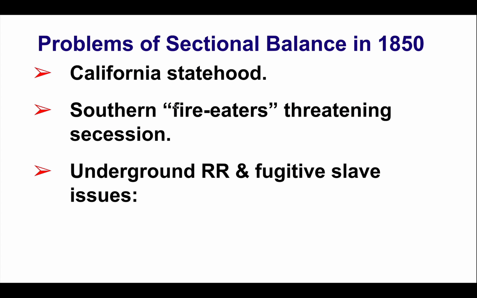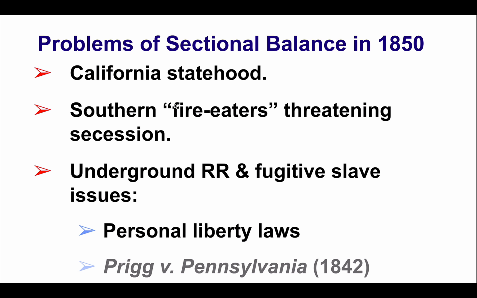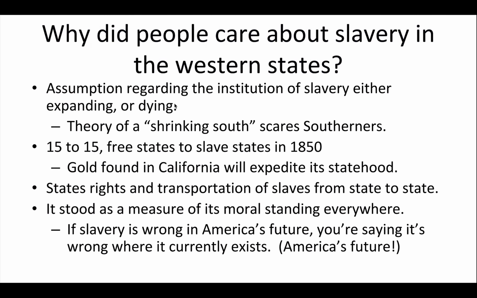Okay, the Underground Railroad and the fugitive slave issues. Hopefully, you remember the Fugitive Slave Act from the Underground Railroad issues going on back when we were talking about this in U.S. History A. Okay, but Southerners are upset because slaves were making it into the North via the Underground Railroad, and they wanted them returned to a state of slavery. And then Northern states were saying that they didn't want to abide by that.